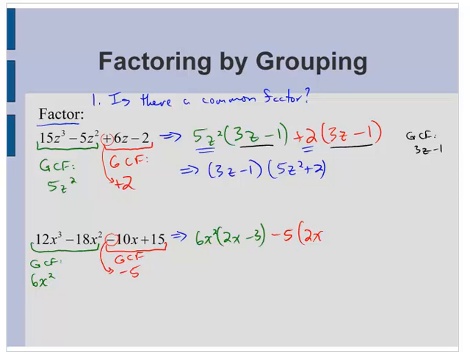Negative 5 times a negative 3 would get me back to the positive 15. So now I see a GCF of 2x minus 3. And so I can write this as 2x minus 3 by 6x squared minus 5.